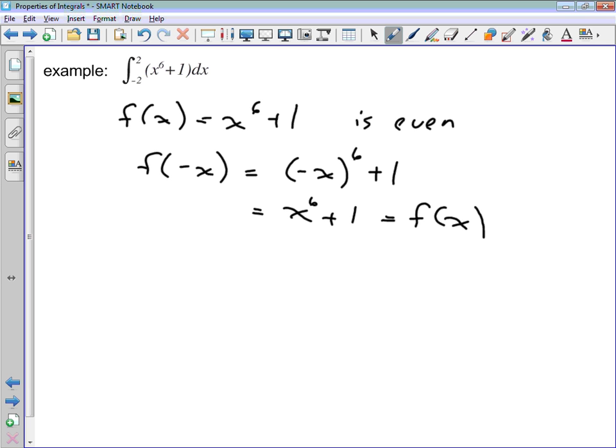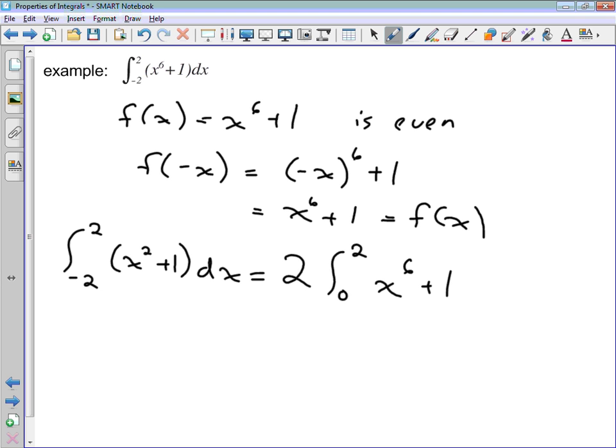So how would you set up this integral here? Well, we're not talking about areas here. We're just doing an integral. So the integral from -2 to 2 of x to the 6 plus 1 dx is going to be equal to, using the properties from the previous slide, 2 times the integral from 0 to 2 of x to the 6 plus 1 dx.